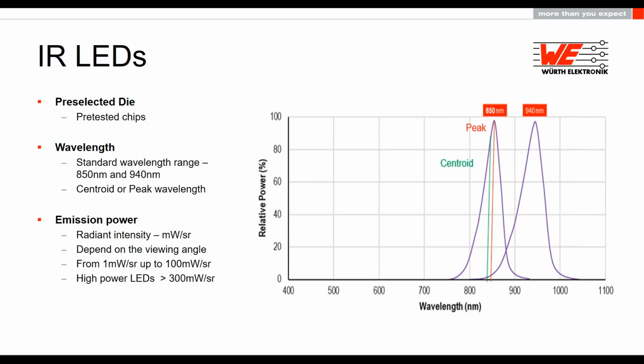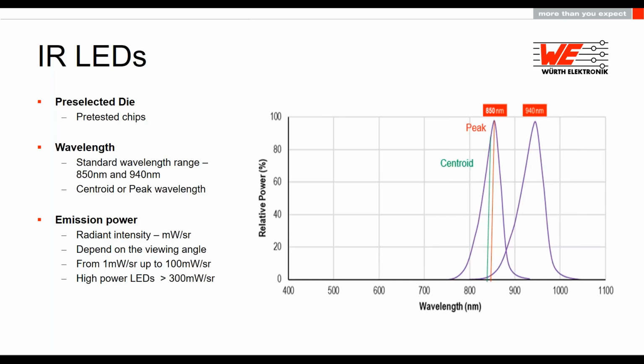What's important to know about the infrared LEDs and the chips, as we are now talking about invisible light, is that we don't use the standard values of lumen and candela anymore, and we define our LEDs through the radiant parameters. This is the milliwatt or the milliwatt per steradian, which we measure in our lab following the CIE norm.